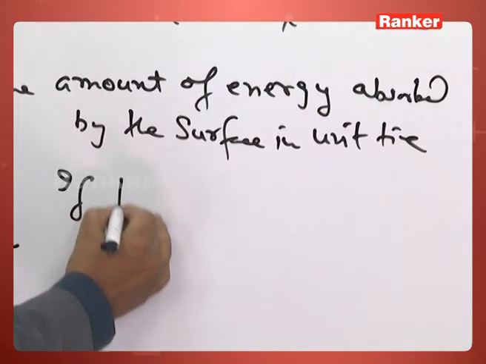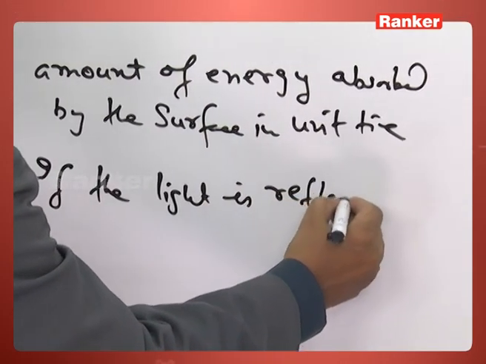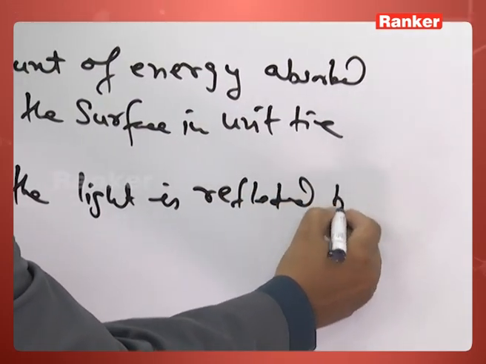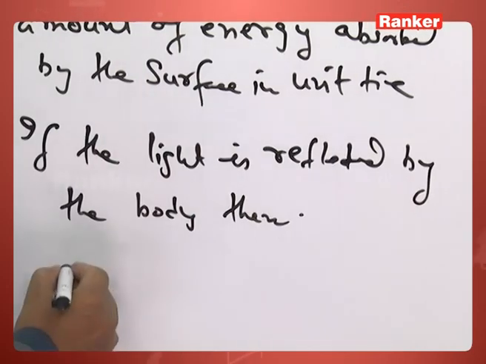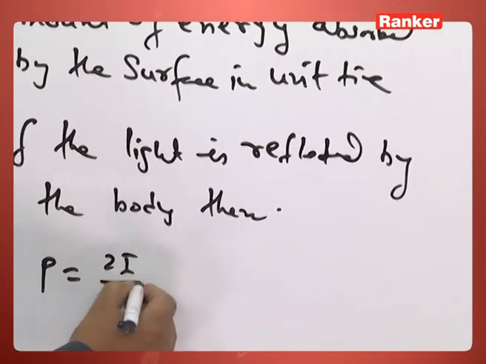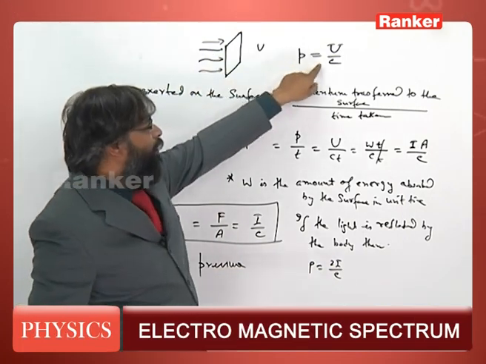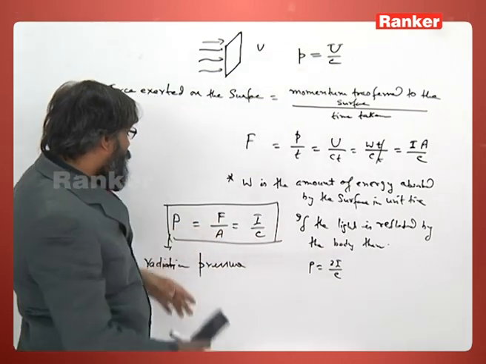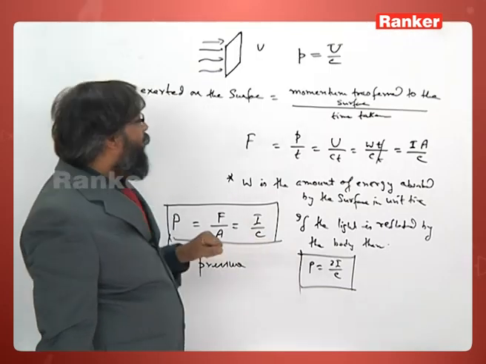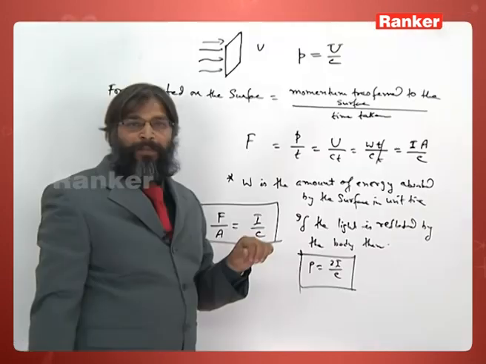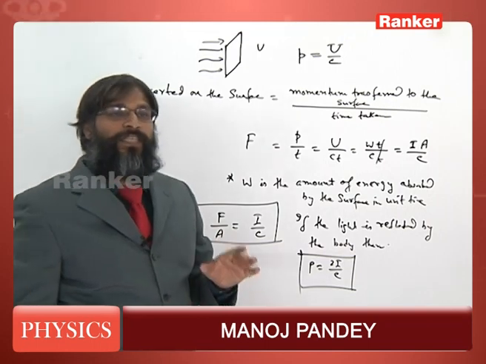If the light is reflected by the body, then the radiation pressure becomes 2I by C, because if the light is reflected back, the momentum change will be 2U by C. So this is the expression for radiation pressure. Thus radiation also exerts pressure on the surface on which it falls.